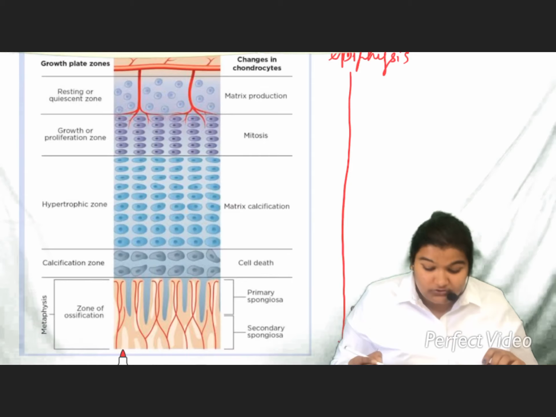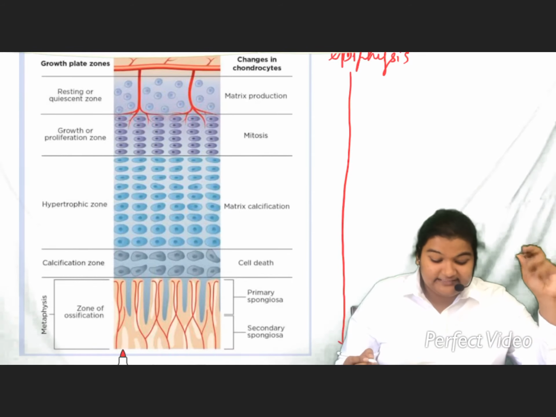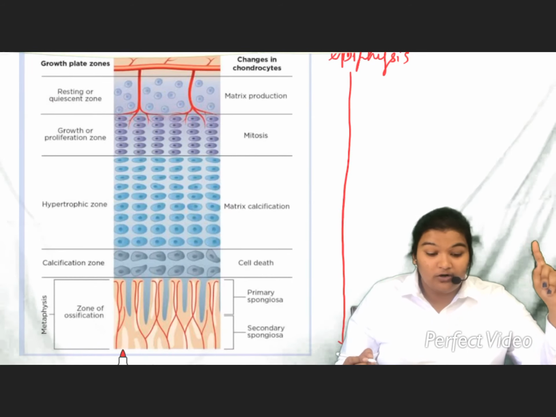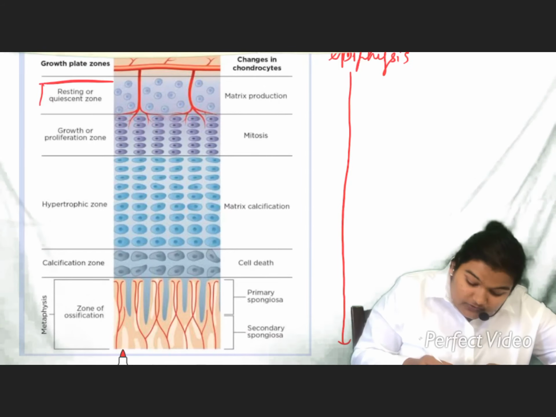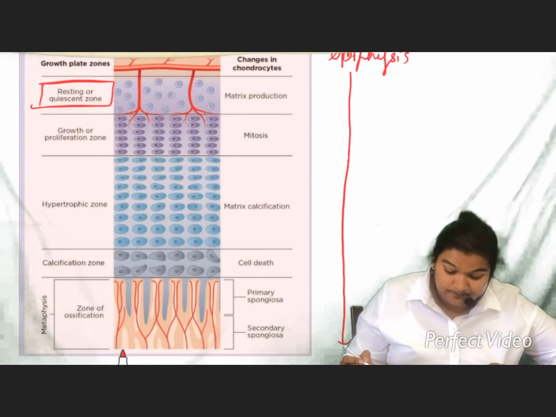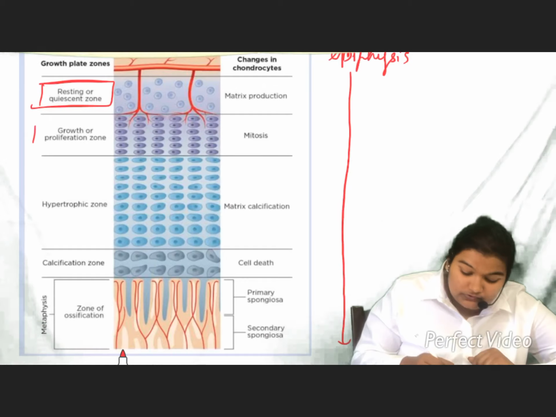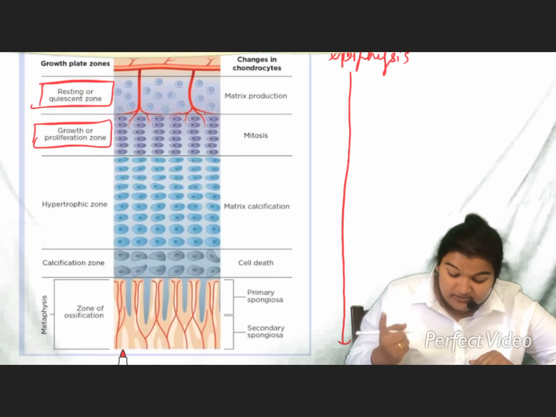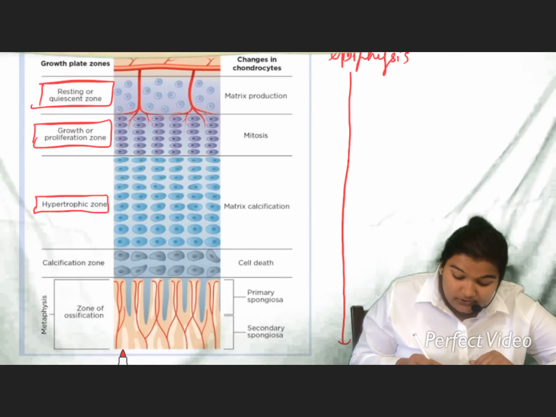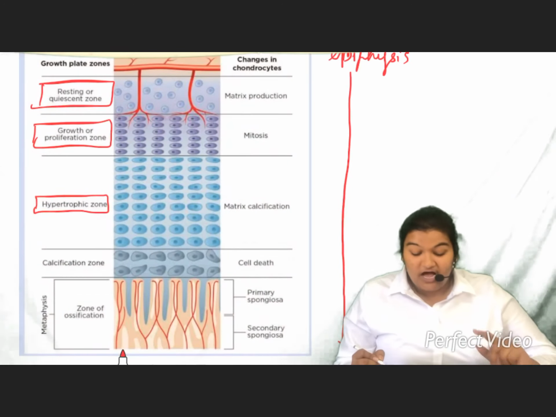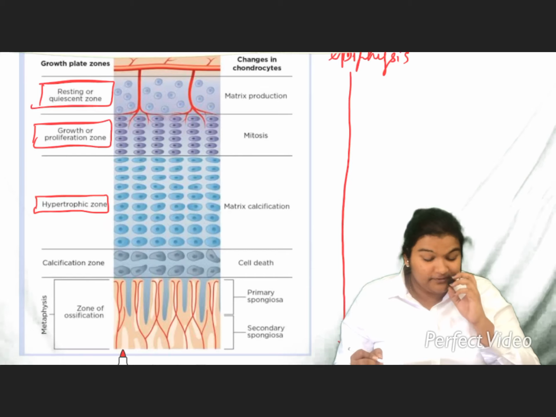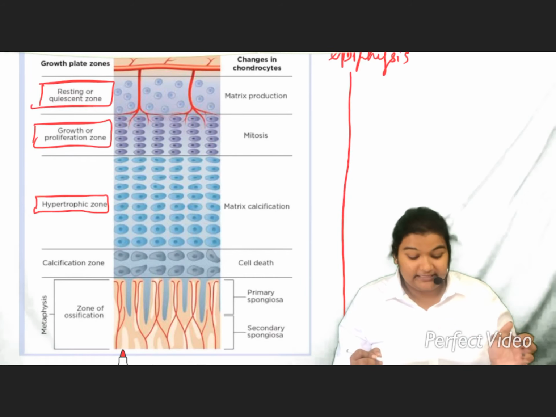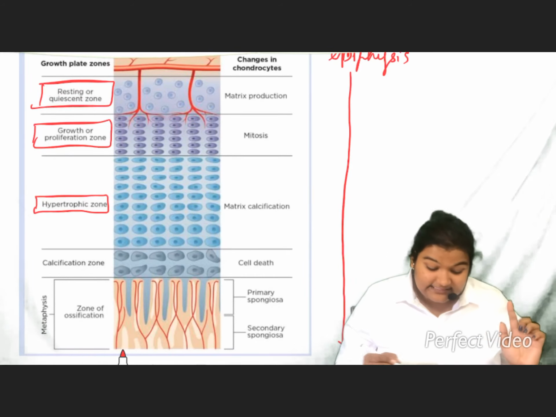Okay, so the first layer near the epiphysis is the resting zone, or the germinal zone. Then beneath that resting zone, we have the zone of proliferation, or zone of growth. Then we have the hypertrophic zone. After the hypertrophic zone, the cells undergo death, and then we have the calcification.